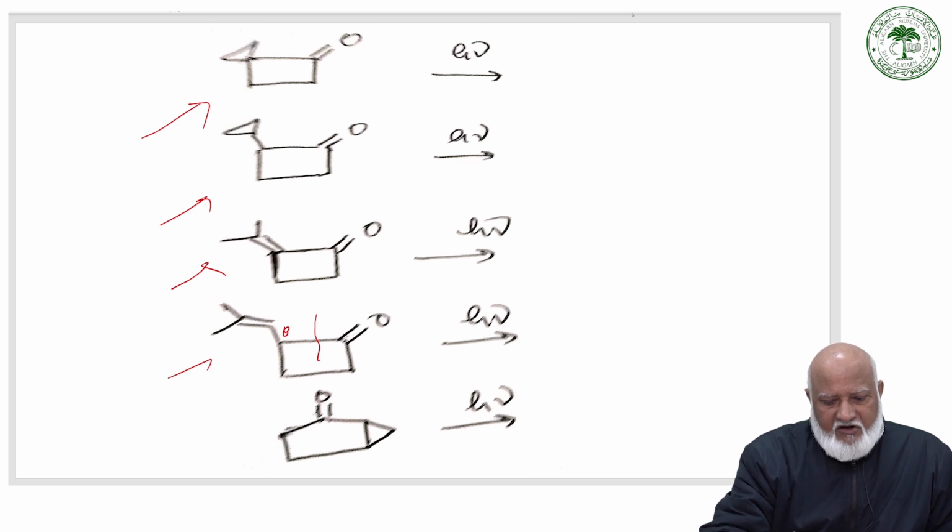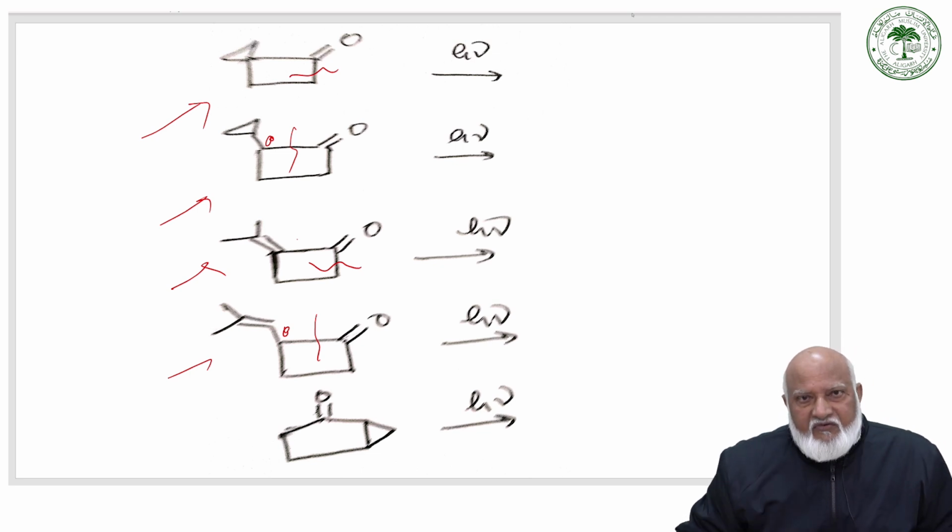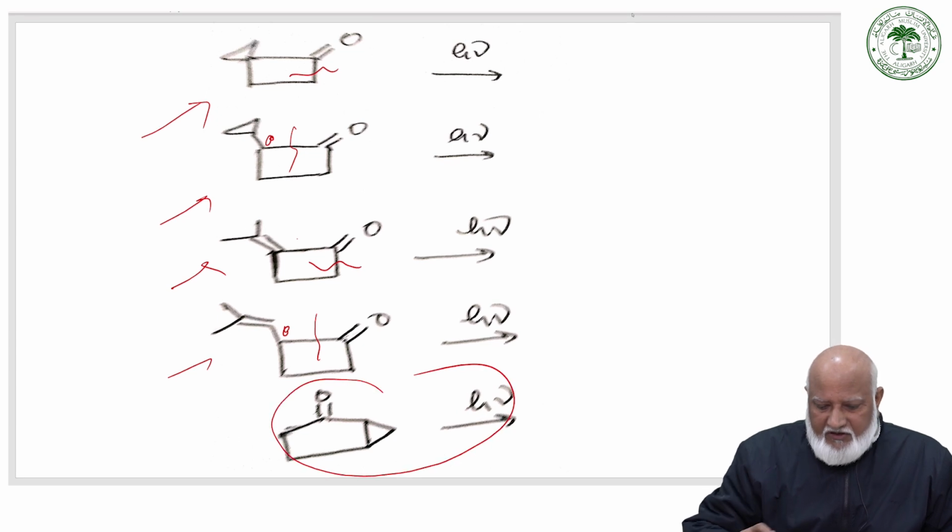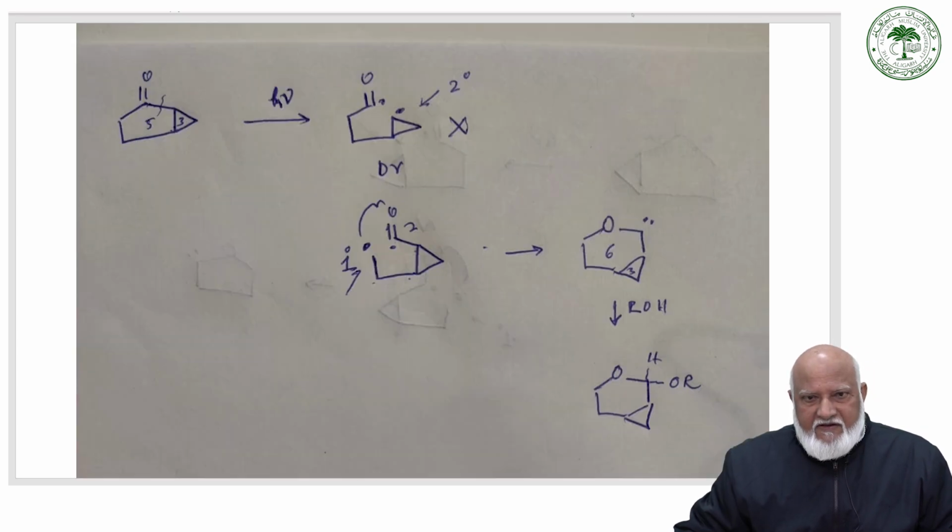This is not; the cleavage is going to be here, to generate the radical here. All these examples we discussed last time, and this one we did not look into, so we will just see this example today.